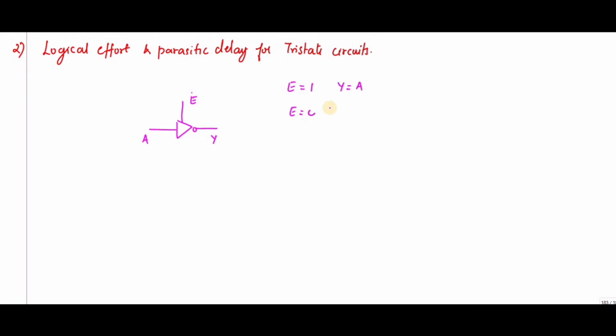If the enable pin is 0, you will not get any output. That is Y is equal to Z. This Z represents the high impedance state, that is the floating state.